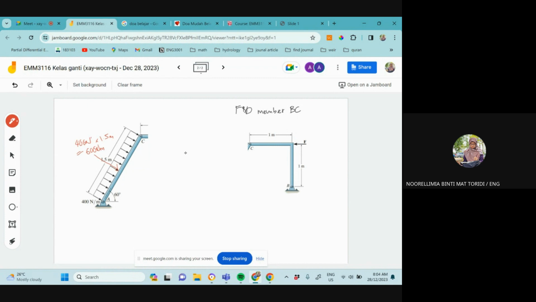Oh, okay, so this one is per meter, so there is no meter. What is left is Newton. If it were Newton meter, it would become a moment.